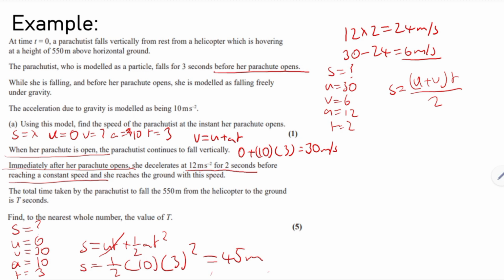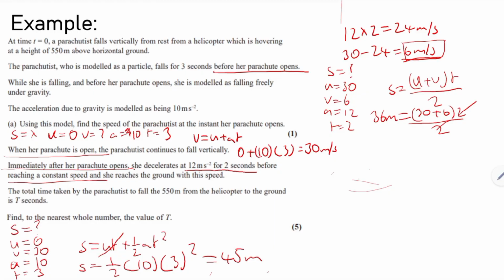When we sub in the values, that's 30 plus 6, multiplied by 2, all of that over 2, so the 2's will cancel out, and we're just left with 36 meters.